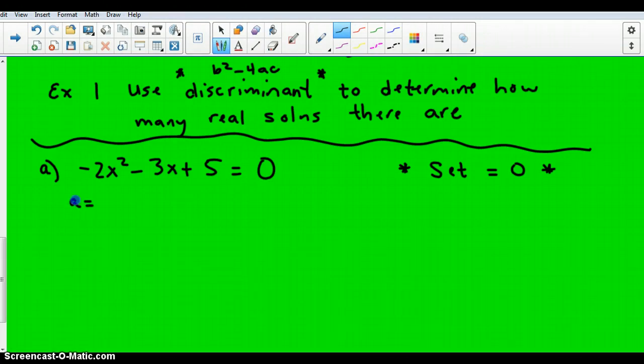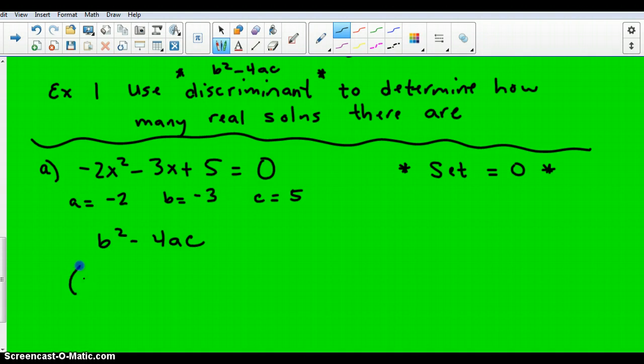So what is A in this case? Negative 2, B is negative 3, and C is 5. And we are just going to use the discriminant. And what do you have to be careful of if you're using your calculator when you're typing in this negative 3 squared?